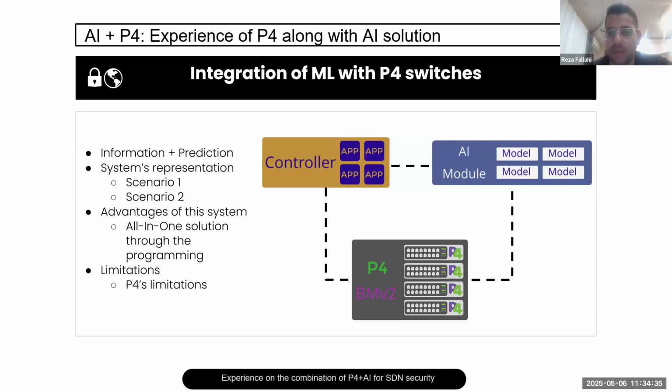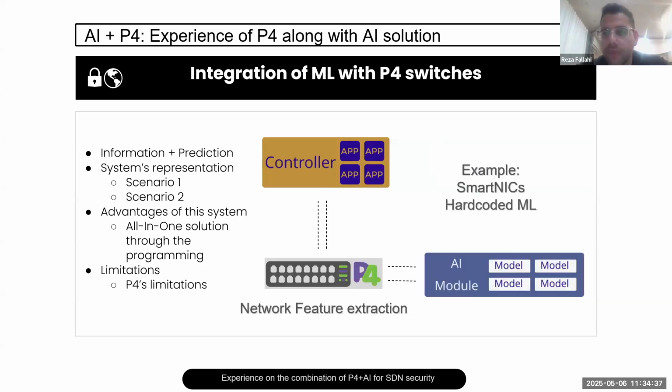The first scenario looks something like this. Mostly the P4 will be extracting the feature values for us, and we have two types of things.